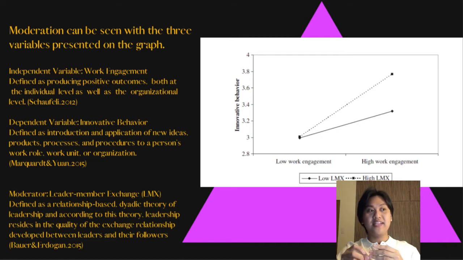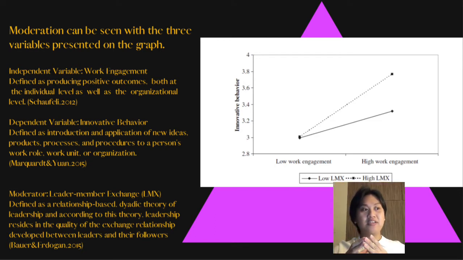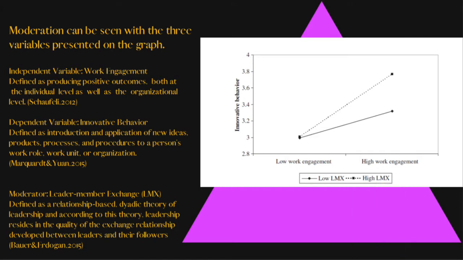This is defined as the introduction and application of new ideas, products, processes, and procedures to a person's work, role, work unit, or organization. Finally, we take a look at the moderator, which is the leader-member exchange, defined as a relationship-based dyadic theory of leadership. According to this theory, leadership resides in the quality of the exchange relationship developed between leaders and their followers.